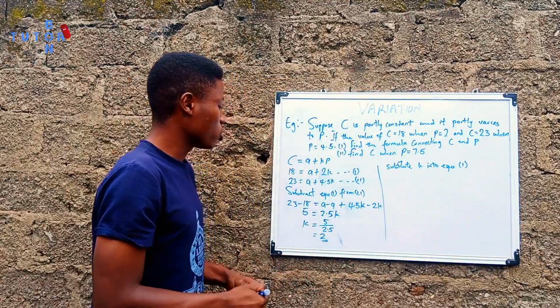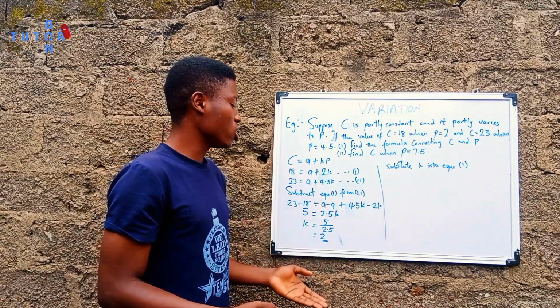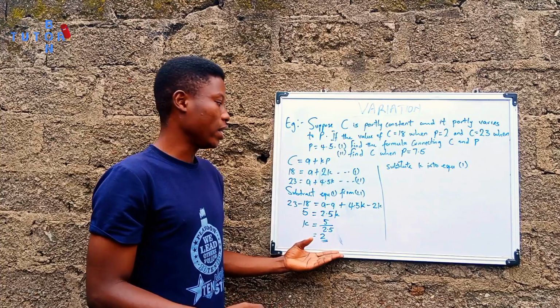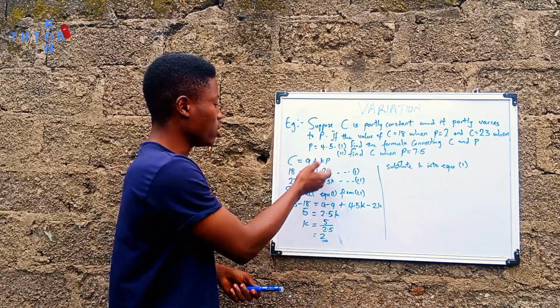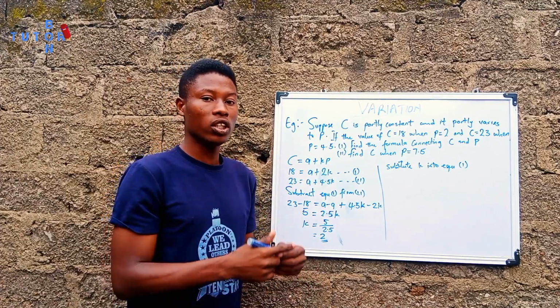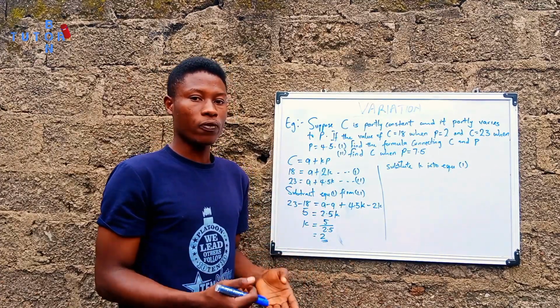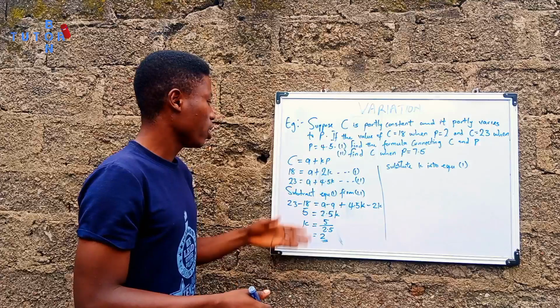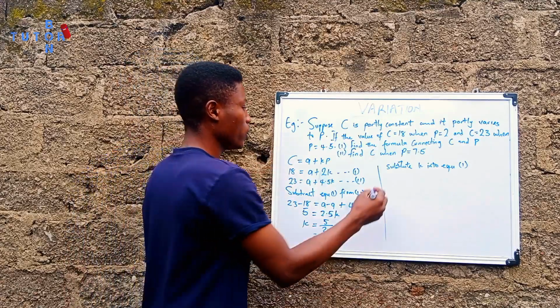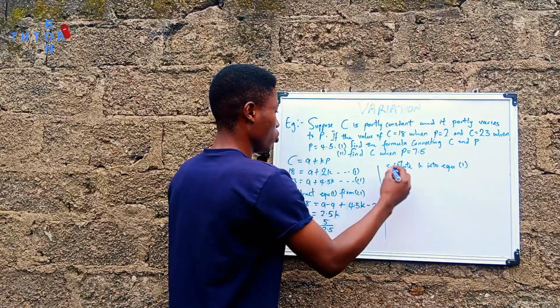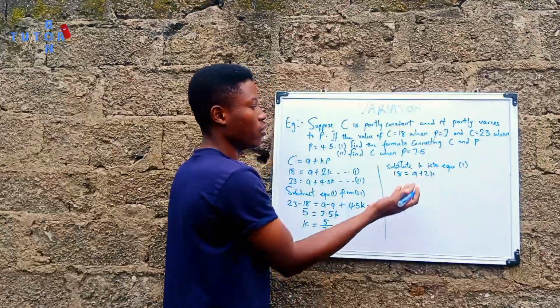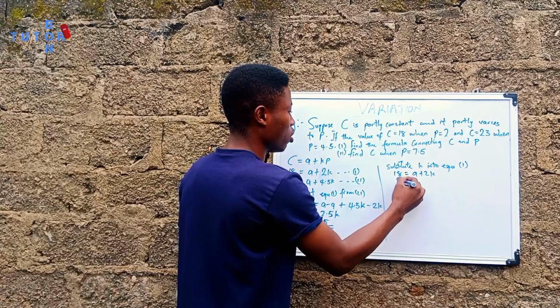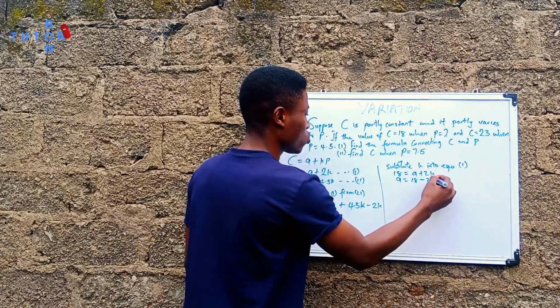The reason why we are substituting K into one of the equations is because we have the value for our K now and we need the value of our A. So substituting K into any of these equations makes A the only unknown there, and you will be able to find the answer to your A. So I'm choosing equation 1, which is 18 equals A plus 2K. From this, if I want to make A the subject of the formula, your A will be 18 minus 2K.